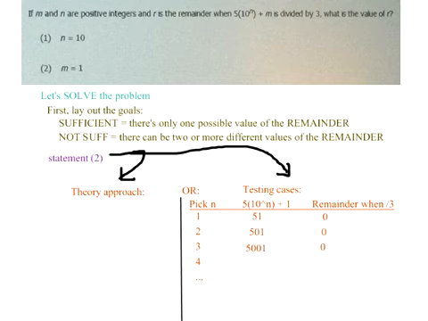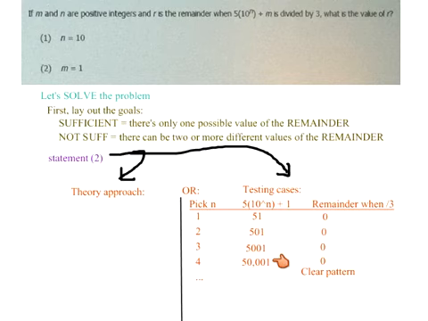50,001 will go in 16,667 times, and there's no remainder. And I mean, there's clearly a pattern here. If you actually do the long divisions, even the quotients have a really obvious pattern. You have 17, 167, 1667, 16667.